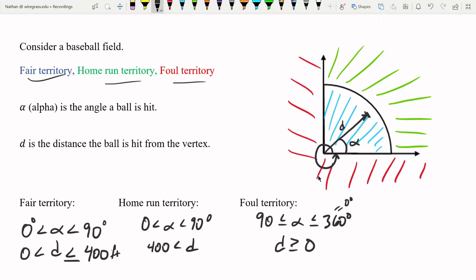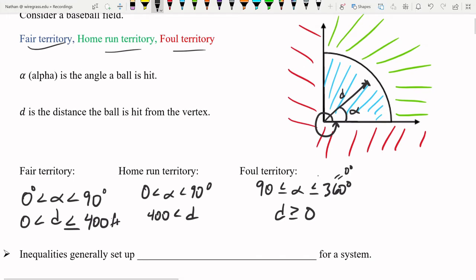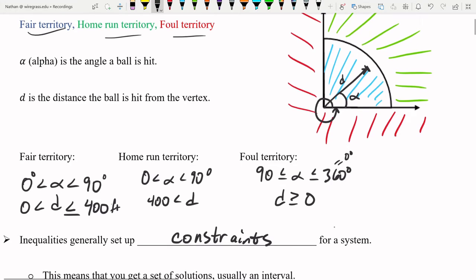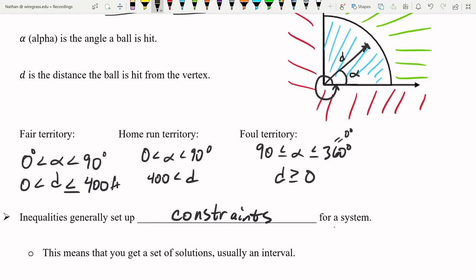Okay, so as you can see here, we've used inequalities to set up these regions for a baseball field. And that's typically what inequalities do. They set up constraints for some kind of system. And what you get is solutions that are within certain constraints.